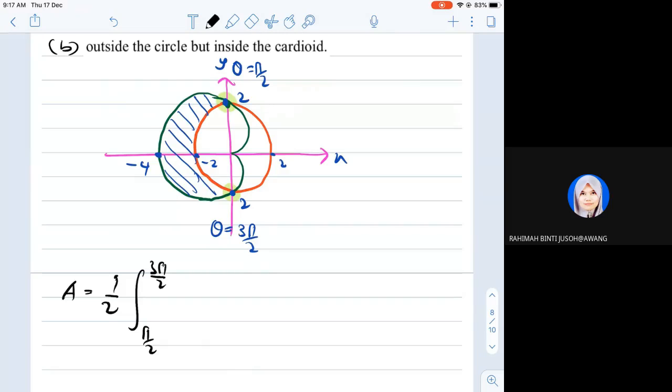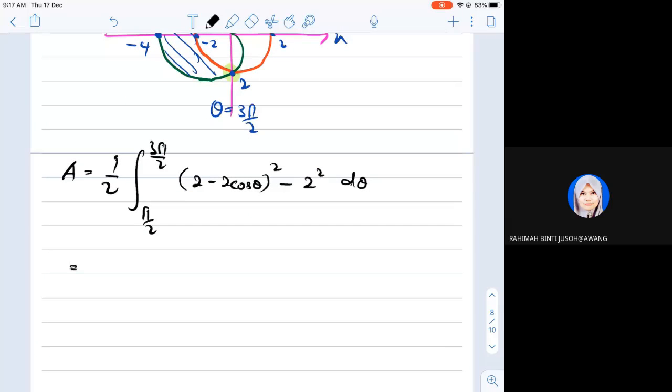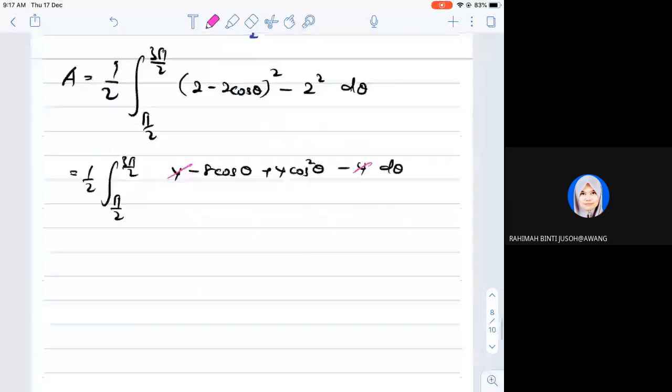Cardioid minus circle. So we have 2 minus 2 cos theta minus 2 squared, d theta. Okay, so let us proceed with the calculation. So 1/2, pi/2, 3 pi/2. Let us expand this again. So of course we can cancel this 4 and this 4. Again, you have to substitute. This is 1/2, 1 plus cos 2 theta.